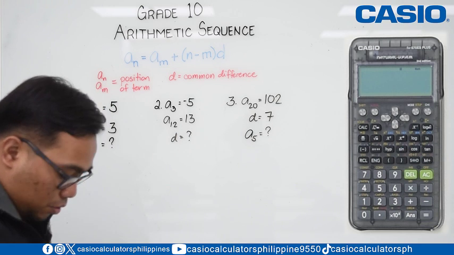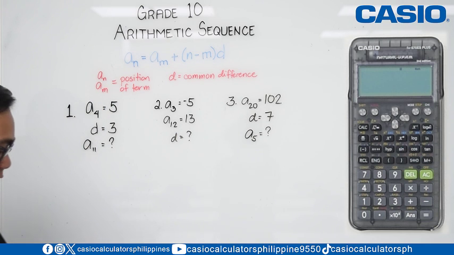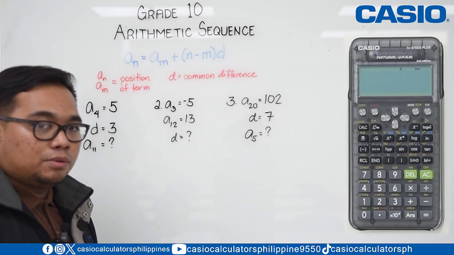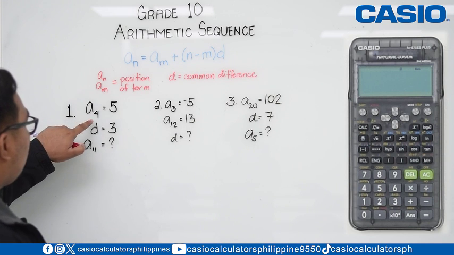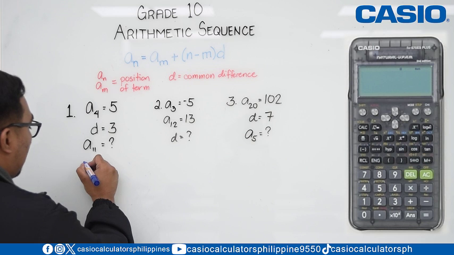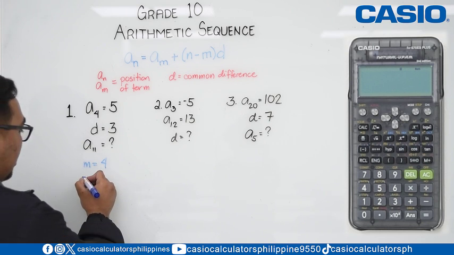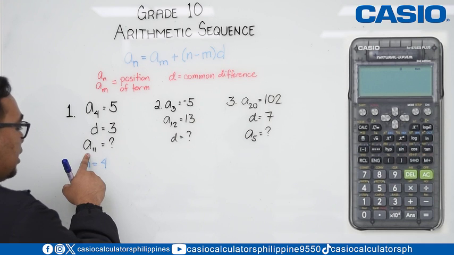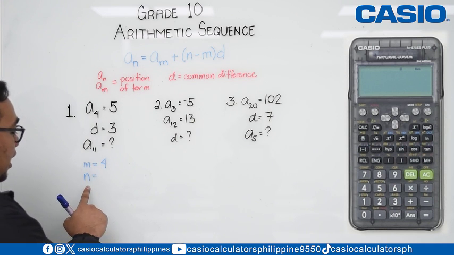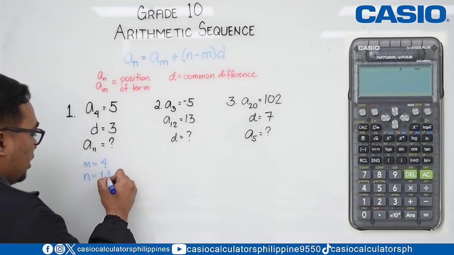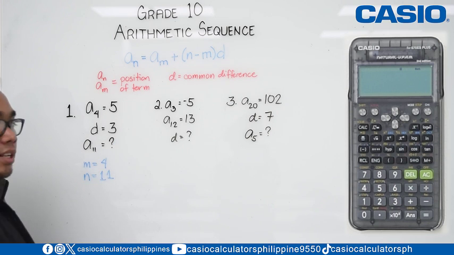Here is how it goes. Let us first name our variables or givens. We have a sub 4, so m is equal to 4. We are looking for a sub 11, so n is equal to 11. The common difference is 3.